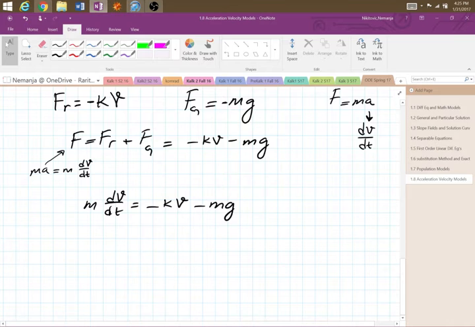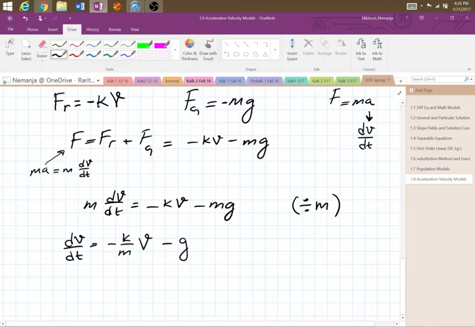And what we do is we divide through by m. M cannot be 0 because it's the mass of the object that we are observing. So divide by m. We get dv/dt is equal to negative k over m v minus g.